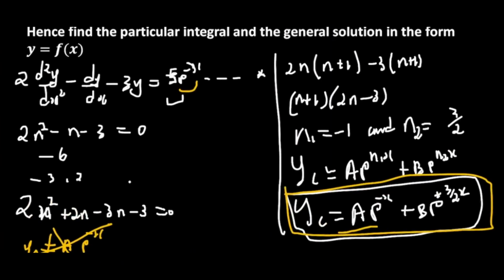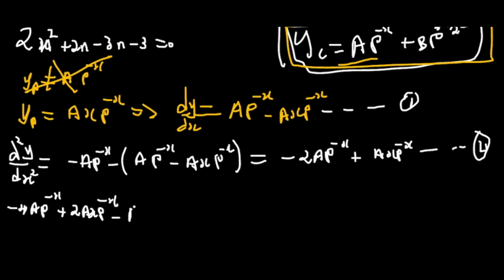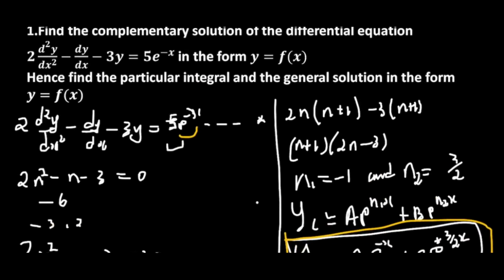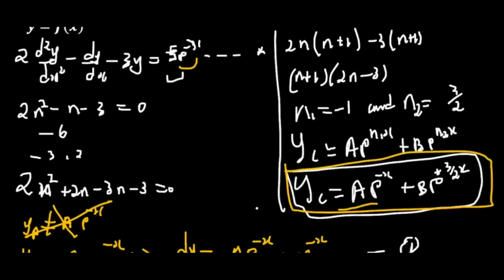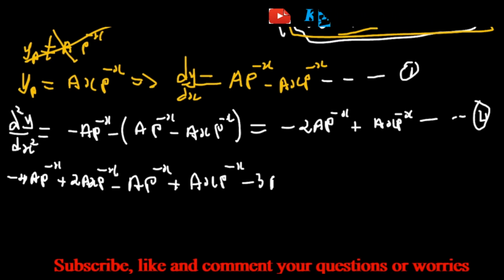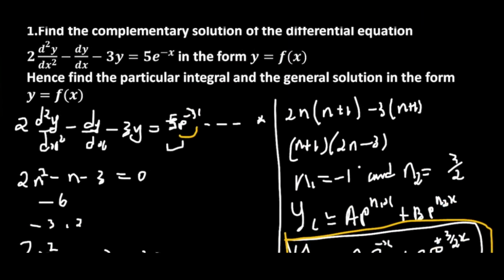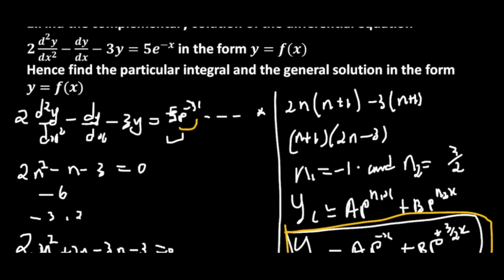Then if we look at what is above here, minus dy/dx will be minus a e to the minus x plus ax e to the minus x. So minus 3y, where our y is ax e to the minus x. All of this will be equal to 5 e to the minus x.